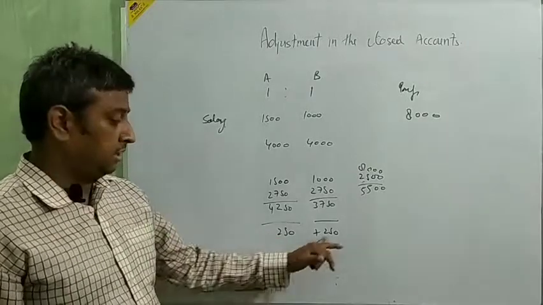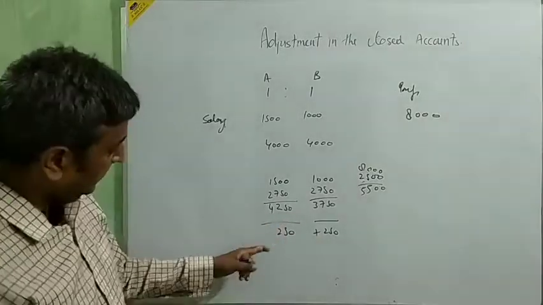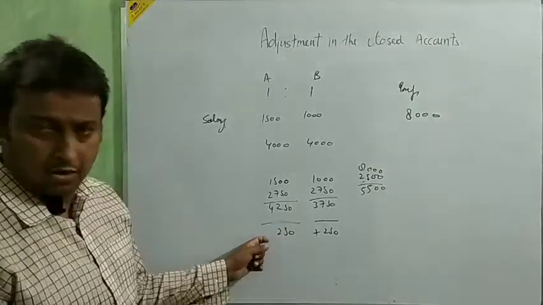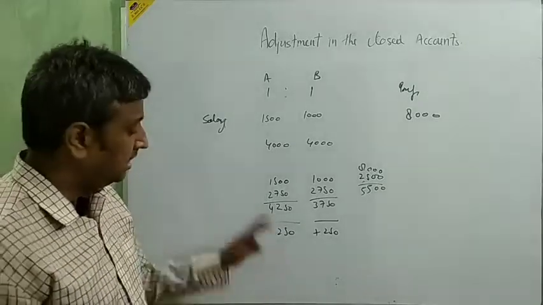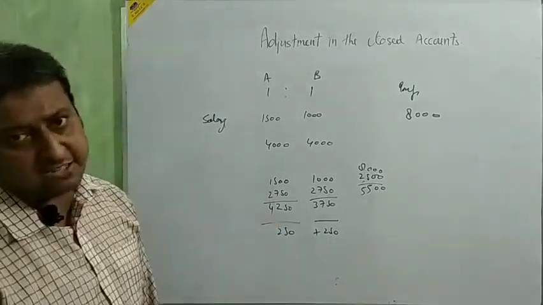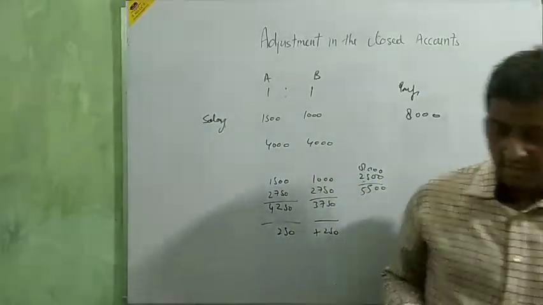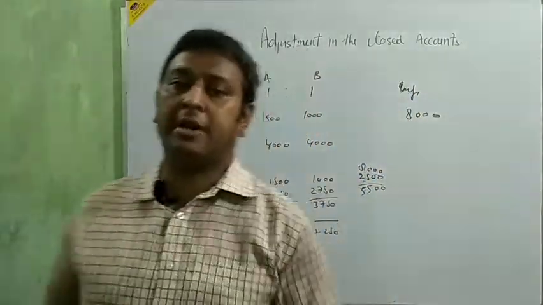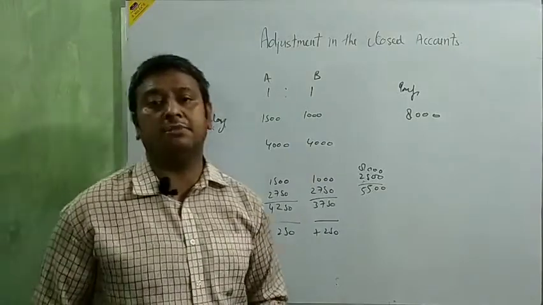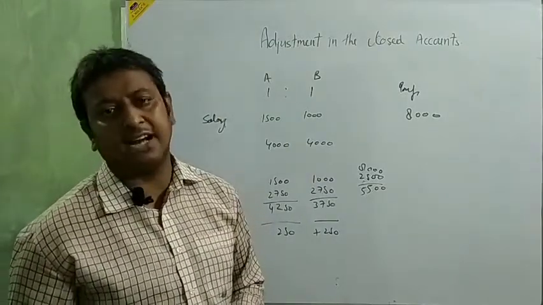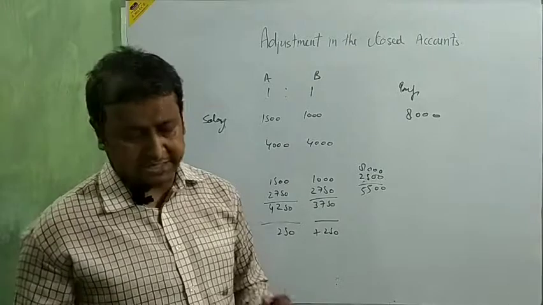Then how to solve this? Minus is debit and plus is credit. That minus will come, that is debited, because they are getting more amount, and plus will come, that is credited.